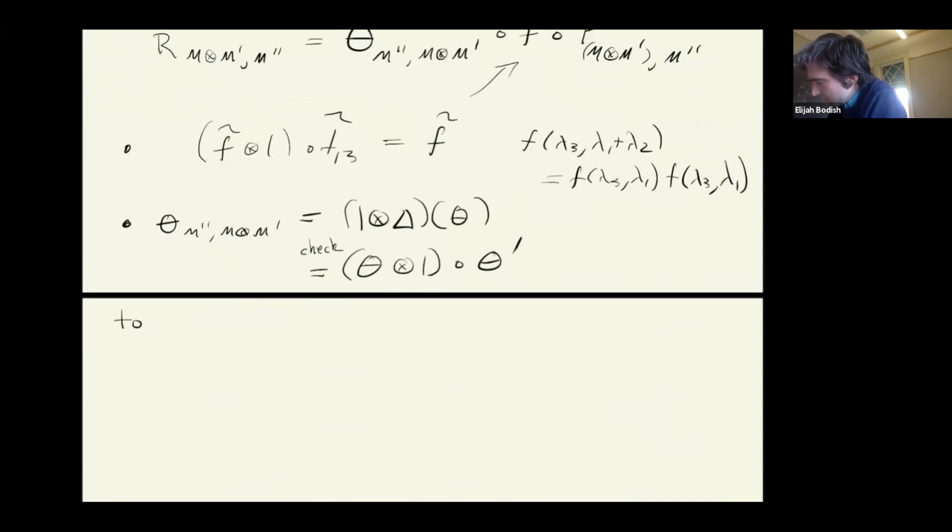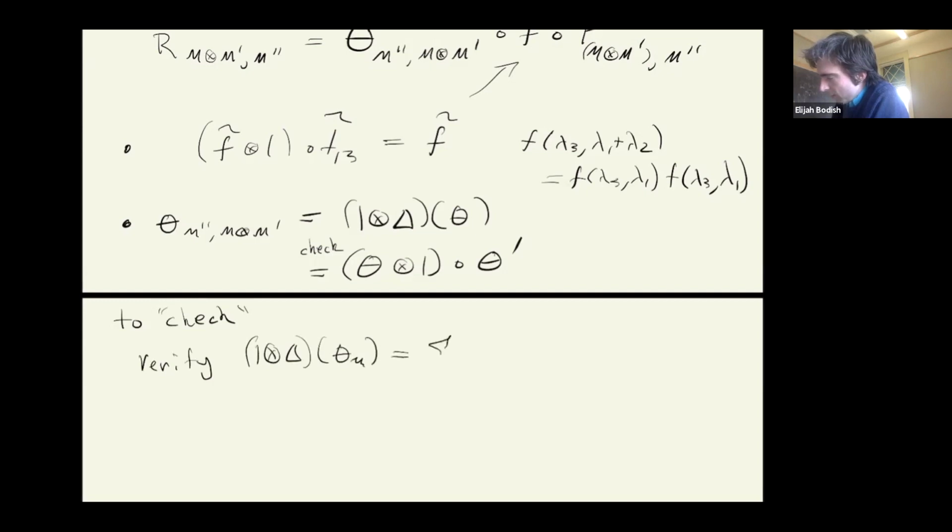To check this, we need to verify that 1 ⊗ Δ, again, instead of looking at all of Θ at once, we just look at one of the Θ_μ's.